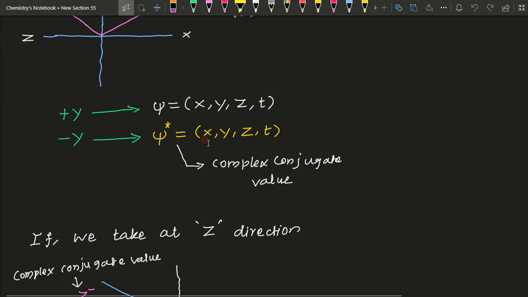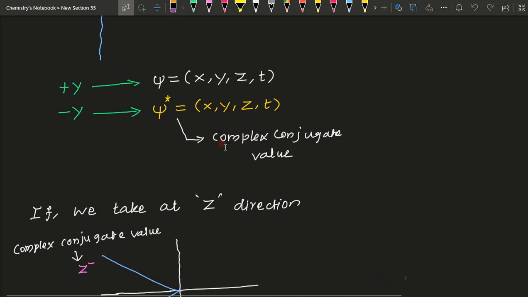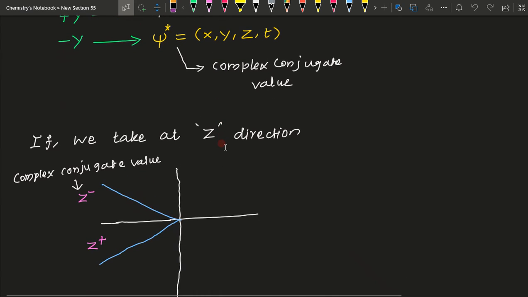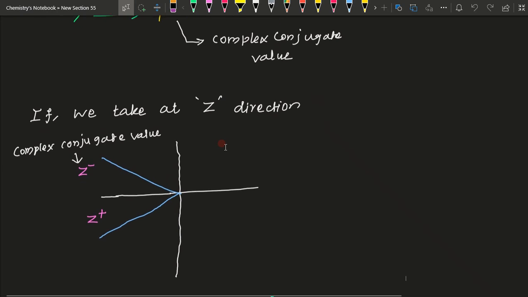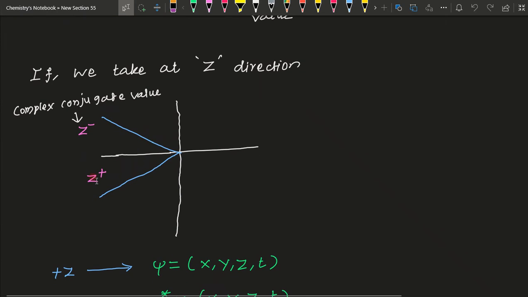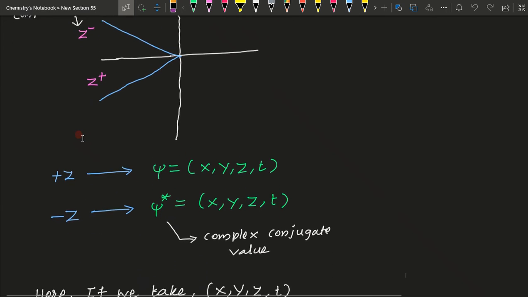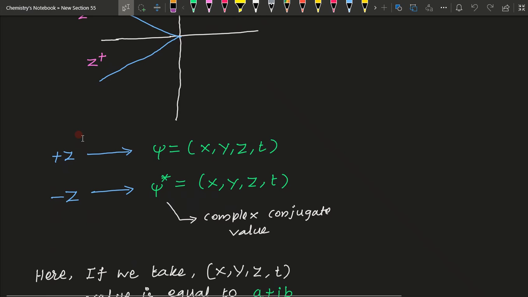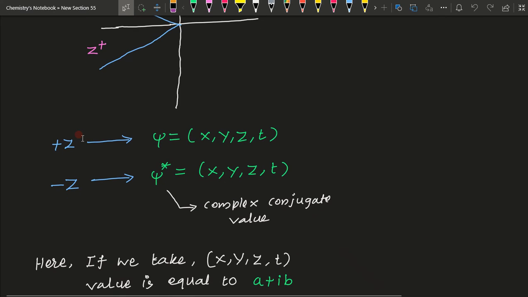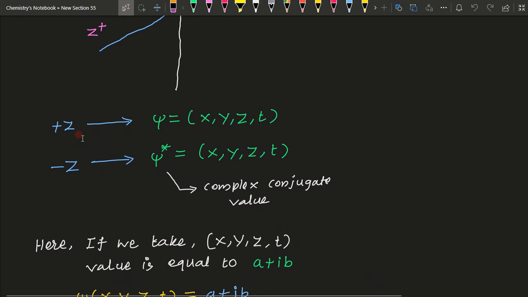This is the conjugate value. Same thing here, if we take the z direction, this is z positive, this is z negative, this is the conjugate value here. So plus z gives psi equals x y z t, minus or negative z gives psi star equals x y z t. This is the conjugate value for this.